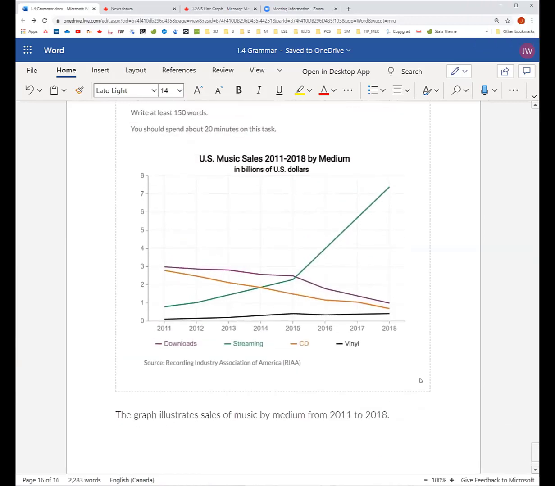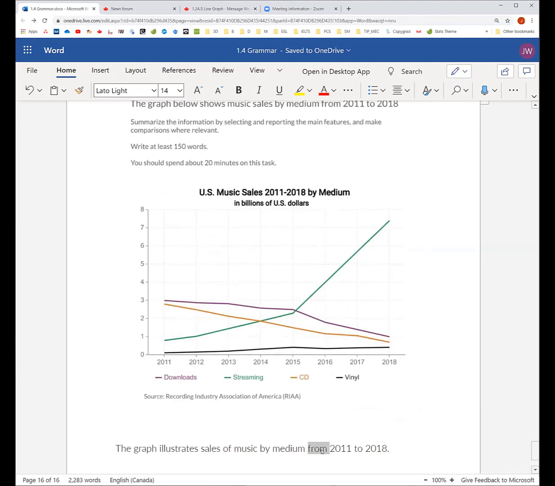Instead of from and to, we can put between and. Excellent. So from to is the same as between and. Now we've got sales of music by medium between. Now we're okay. Instead of medium, by media. I think if we say 4 types of media. I like that.